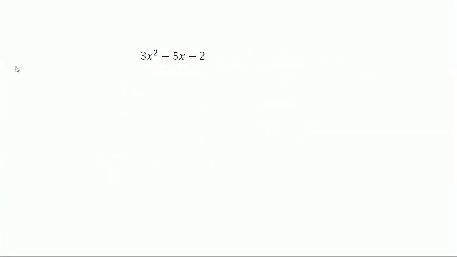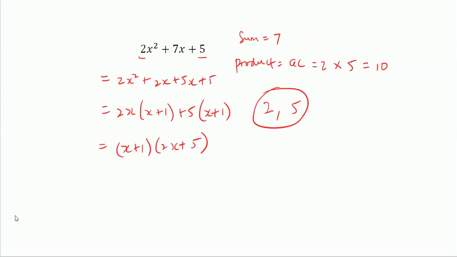Let's do another example with some minus signs. So we have 3x squared minus 5x minus 2. So we're looking for two numbers whose sum is equal to minus 5, because the coefficient of x is minus 5. And the product is equal to AC, where A in this case is 3.